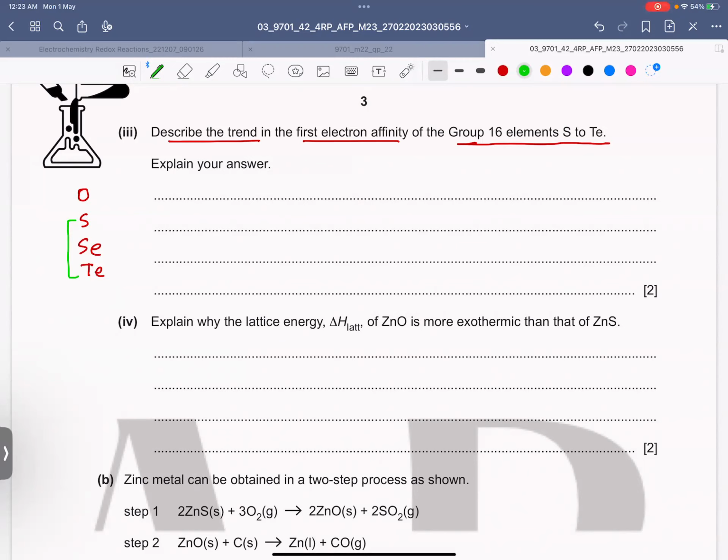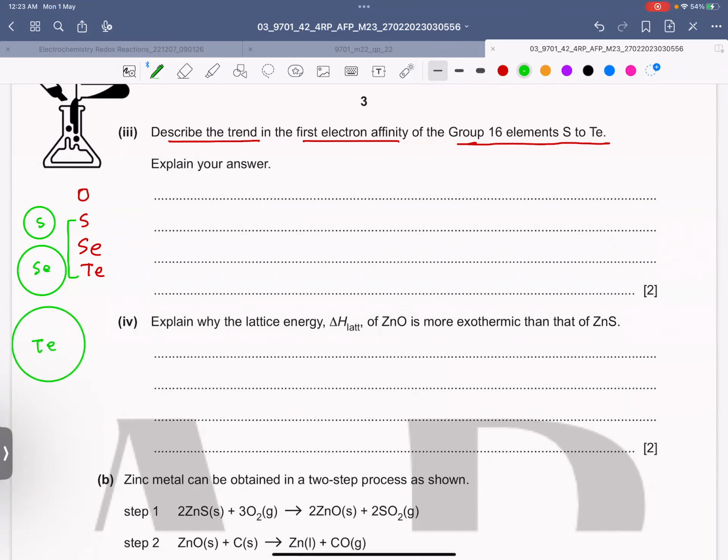So electron affinity is the energy change that is observed when one electron is being added in the outermost shell. So when we talk about sulfur, for example, if sulfur's atomic radius is this, then the atomic radius of selenium would be bigger than this, and then the atomic radius of tellurium would be even bigger.